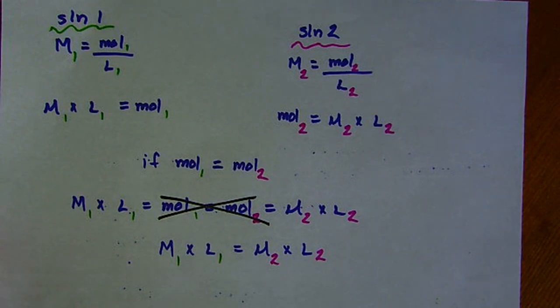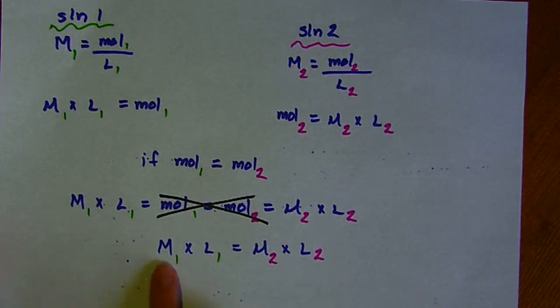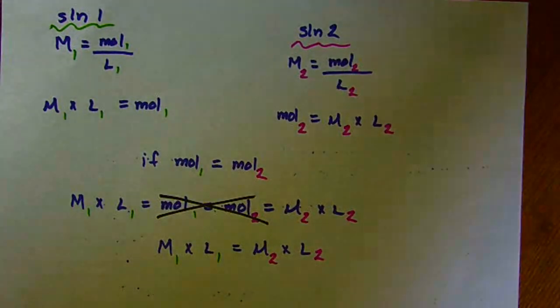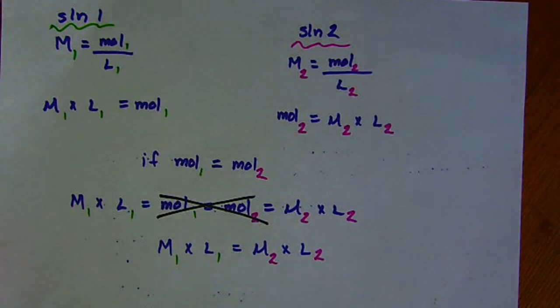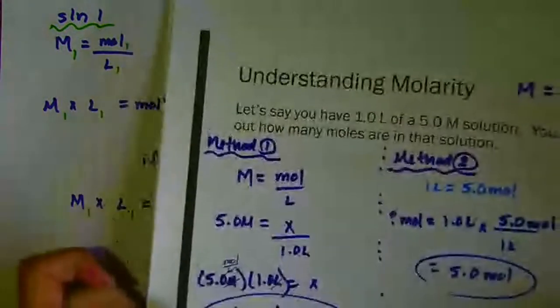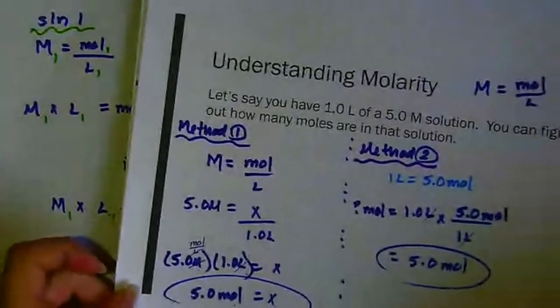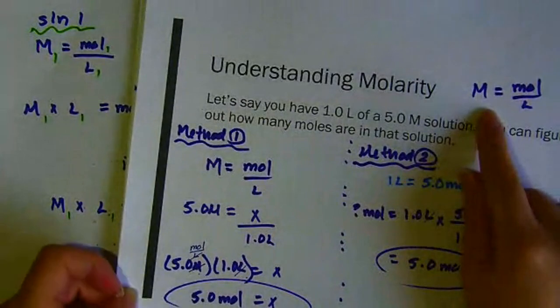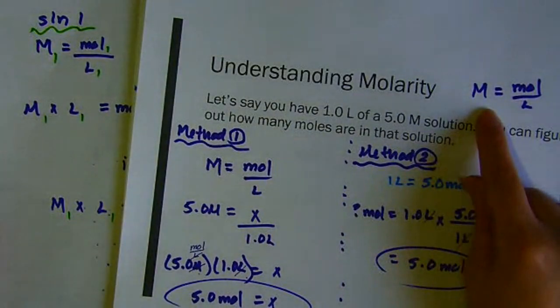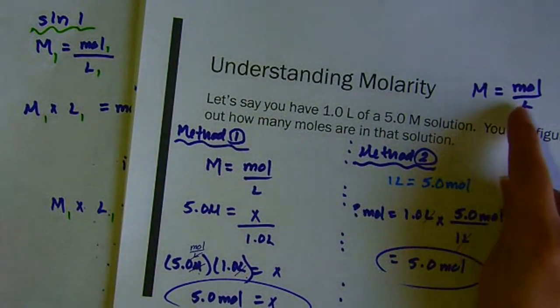Okay. So when you're working with a dilution equation, your units of concentration must match, your units of volume must match, regardless of what you work. But just remember that if you are solving this kind of equation, molarity itself is always going to be moles per liter.